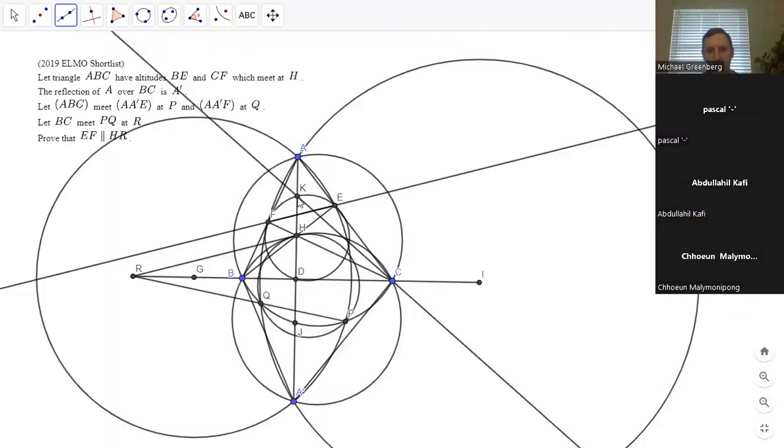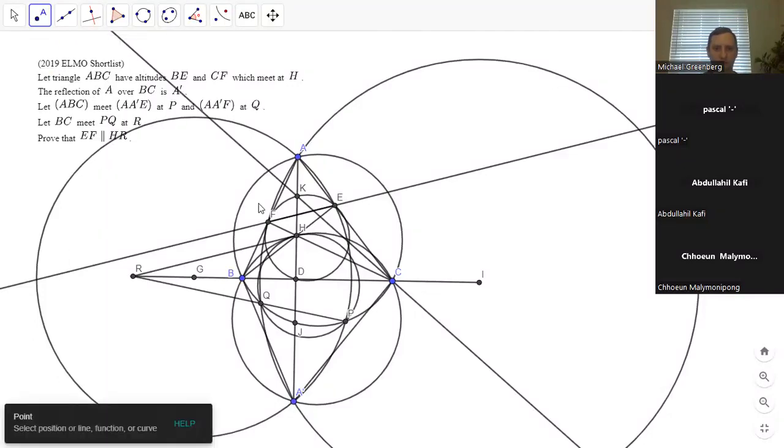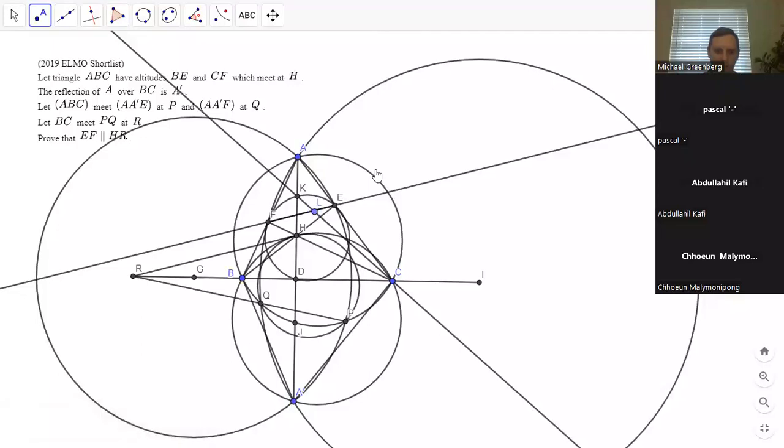So it would be the intersection of CK with, okay, now I'm a little confused. CK with EF, so maybe it's this point right here. Is this point L or something?